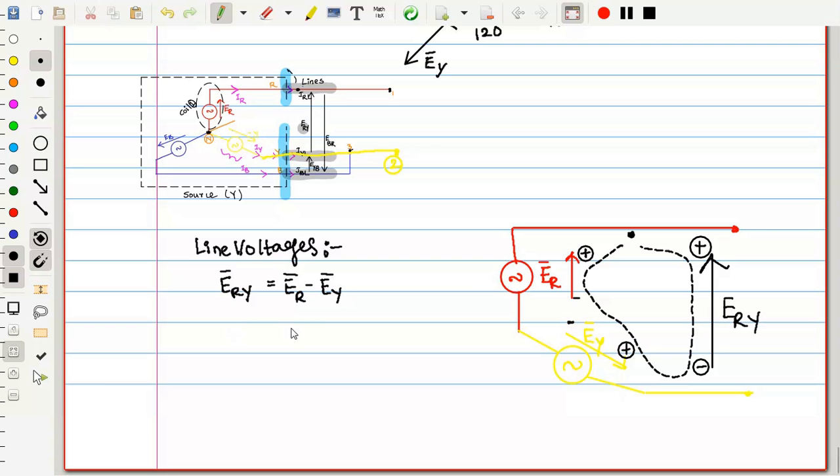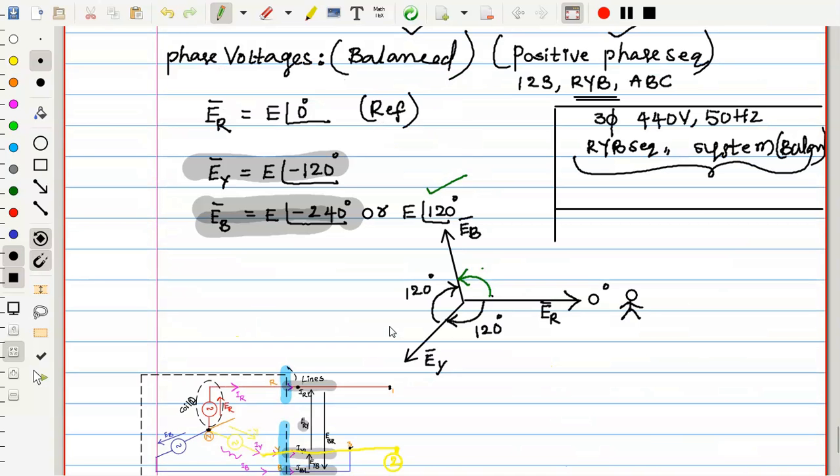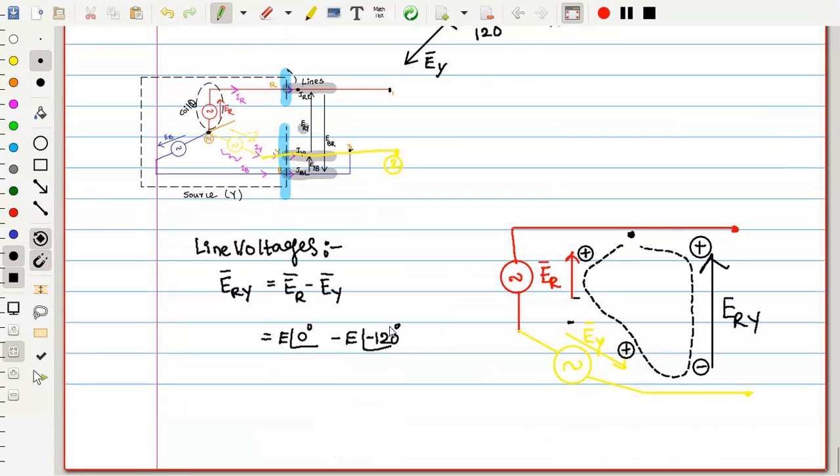Now, we already derived what ER is. Tell me, what is ER? We consider balanced, so its value is E at an angle 0, and EY is E at an angle minus 120. Check it in the above slide. Now, can you simplify this? You can type directly in your calculator. You take E common. What is left is 1 at an angle 0 minus 1 at an angle minus 120.